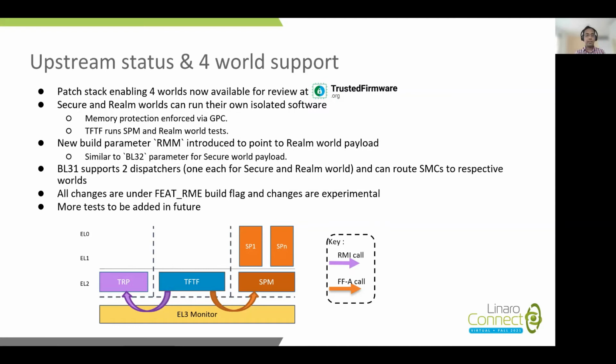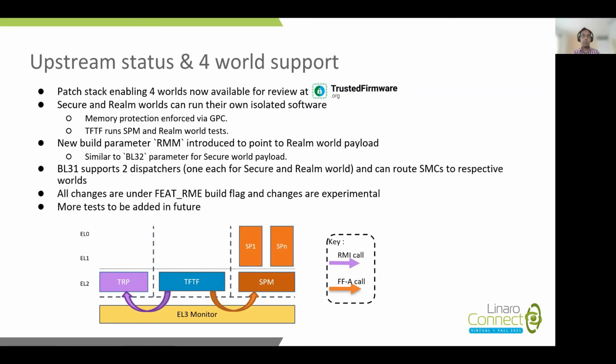Memory protection is enforced via GPC. TFTF runs SPM and realm world tests. So within this patch stack, a new build parameter RMM is introduced to point to the realm world payload binary. This is similar to the BL32 parameter for the secure world payload.